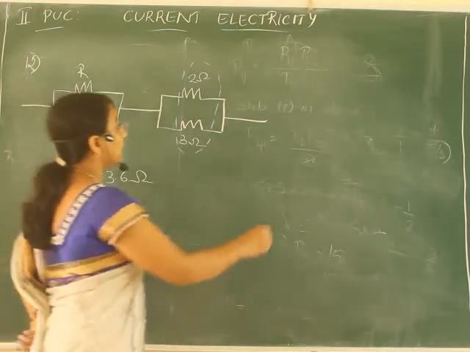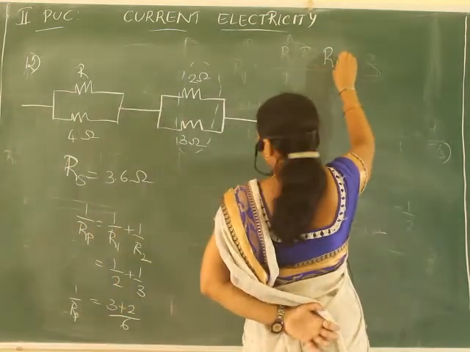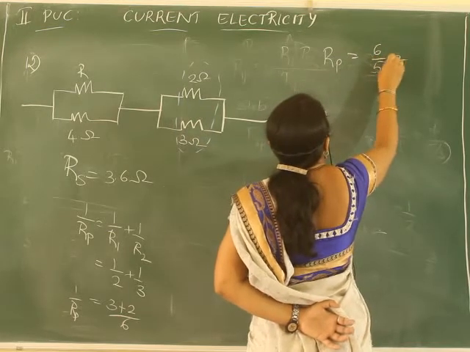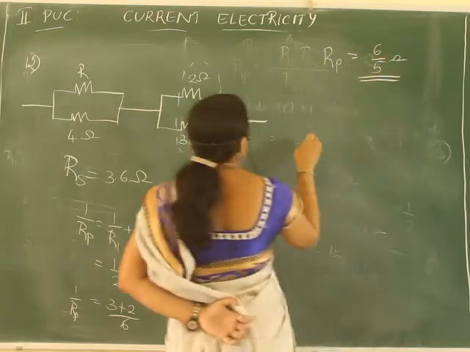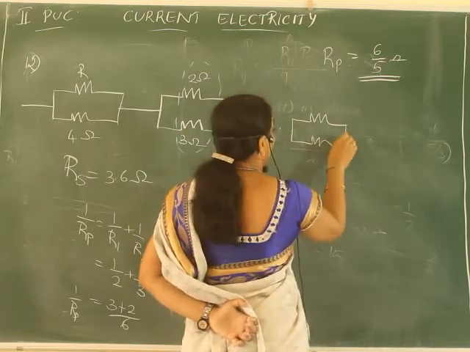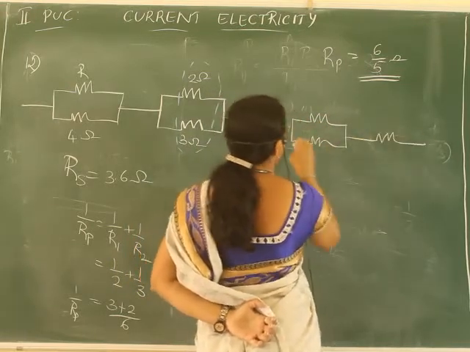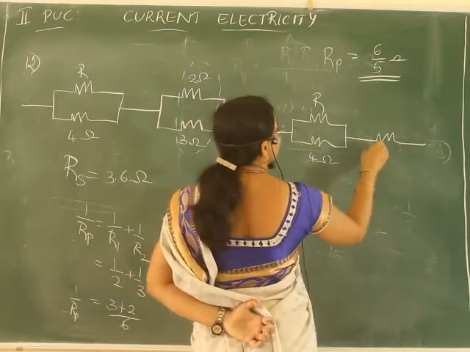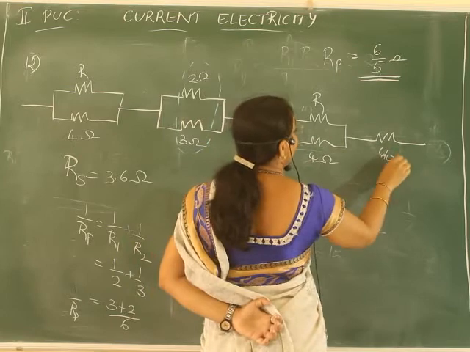Or else Rp is equal to 6 by 5 ohm. So what is the diagram? R and 4 ohm, and this is 6 by 5 ohm.